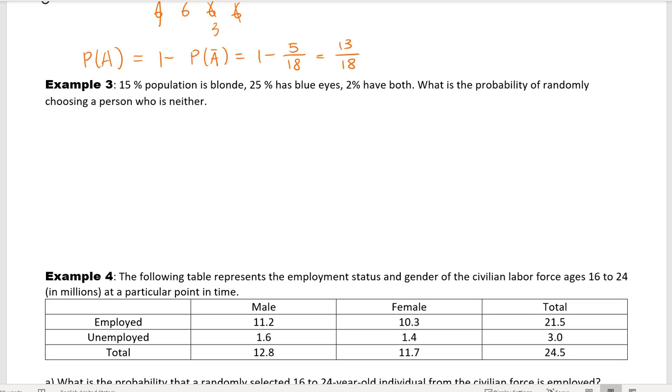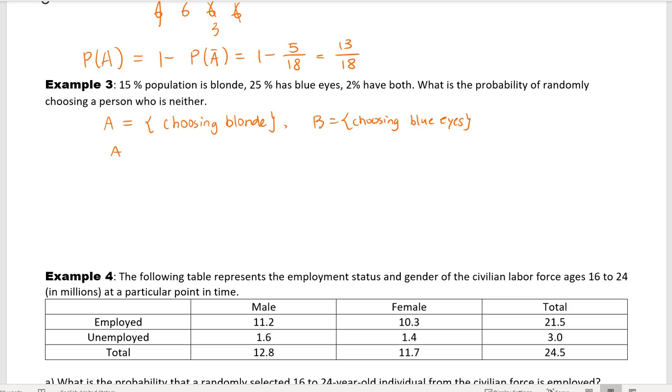Let's define the event A of choosing the blonde, and B be the event of choosing blue eyes.